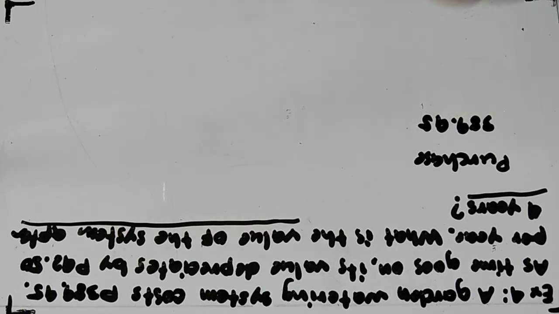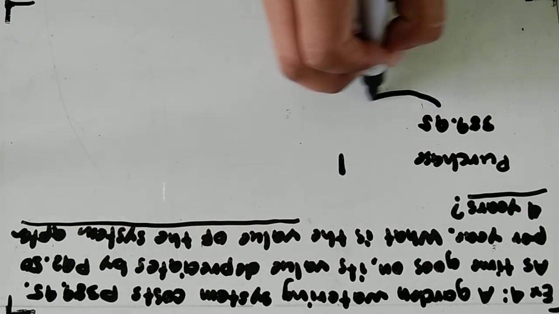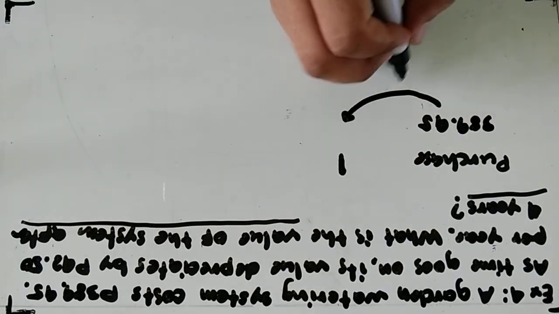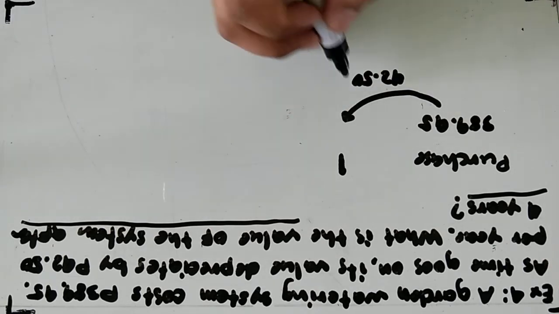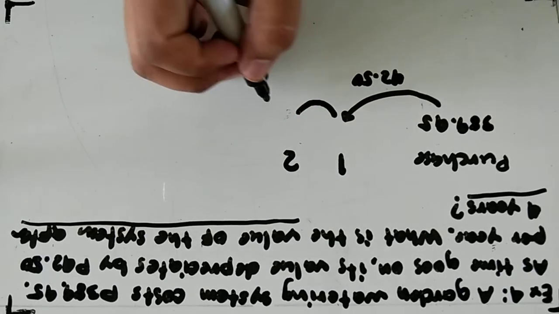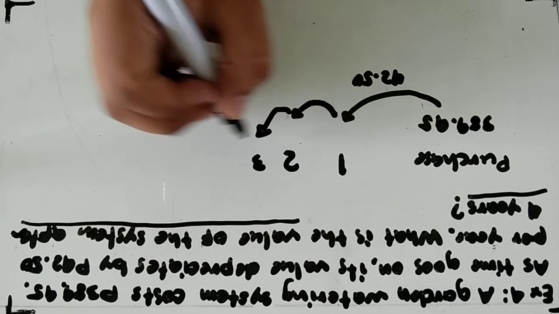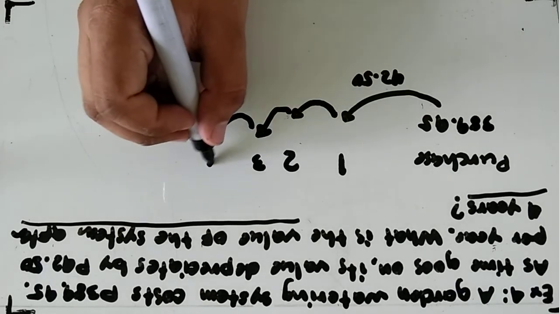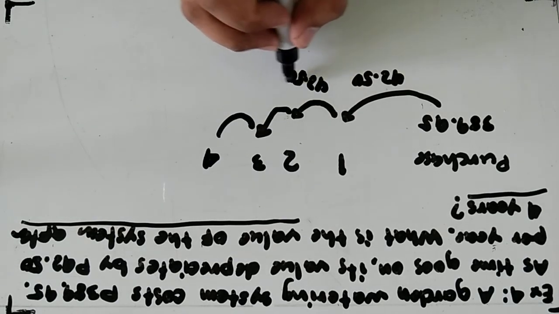So, pagkabili, nung nag-isang taon siya, magbabawas yun ng, as time goes on its value depreciates by 42.50. So, nung unang taon niya, bumaba na kaagad. Pangalawang taon niya, bumaba din. Pangatlong taon niya, baba na naman. So, pang-4 na taon niya, baba na naman ng 42.50.